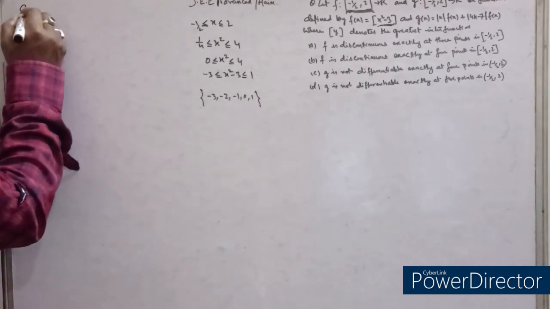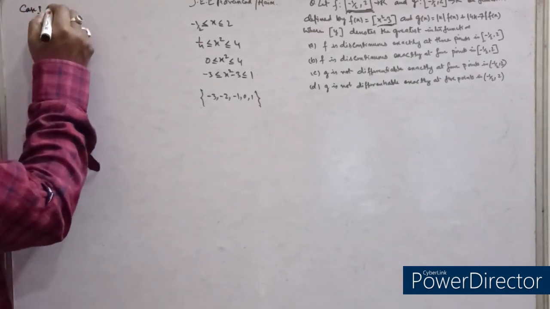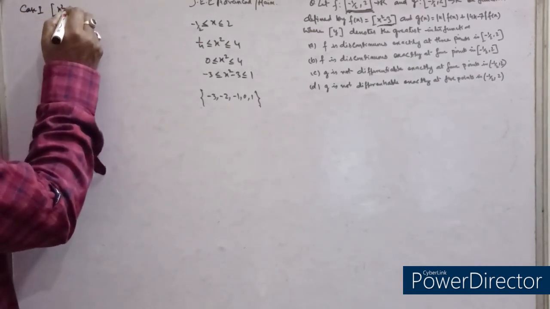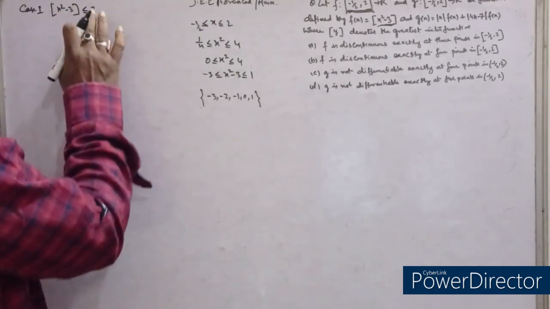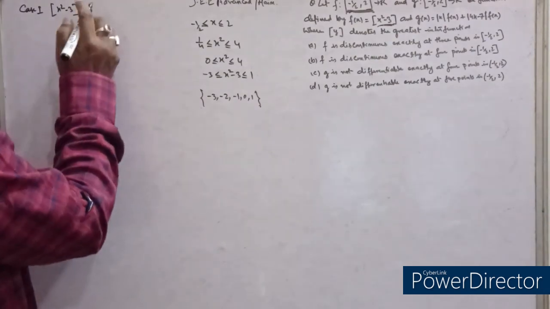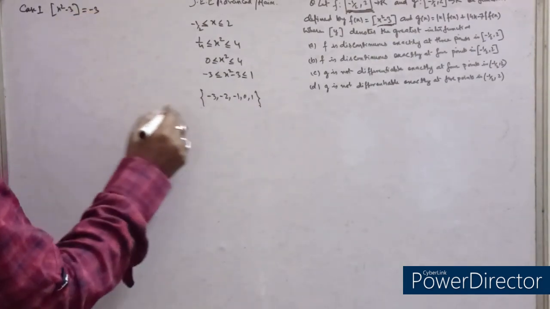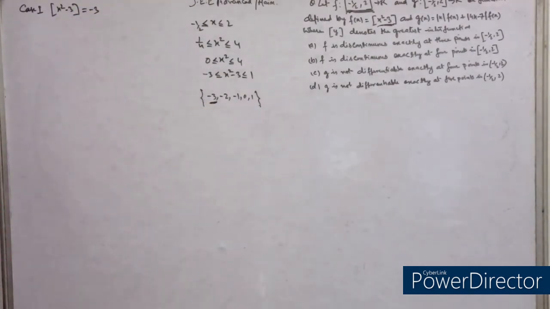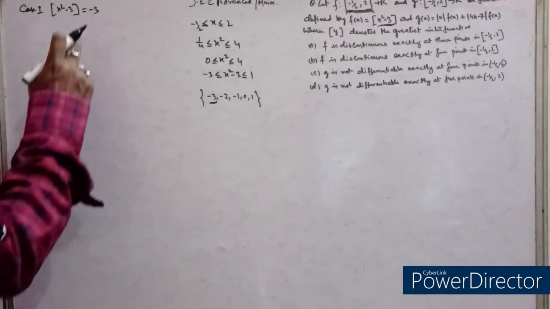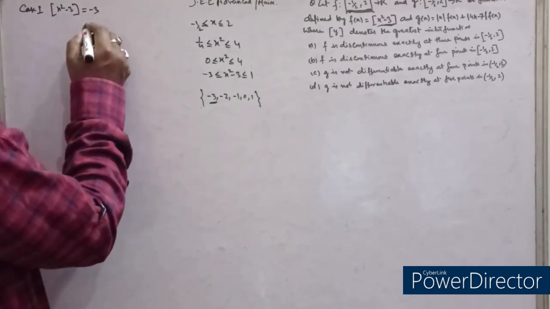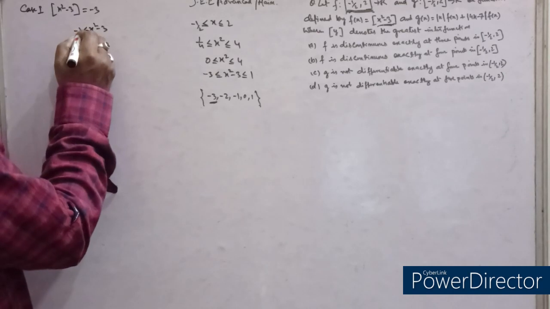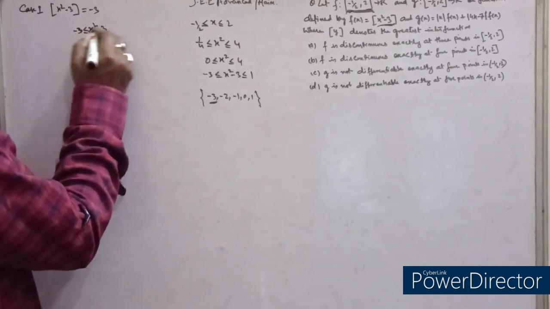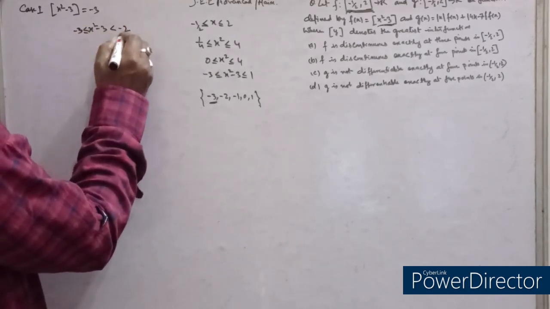Case 1: the greatest integer of x² minus 3 is equal to minus 3. That means x² minus 3 is greater than or equal to minus 3 and less than minus 2.